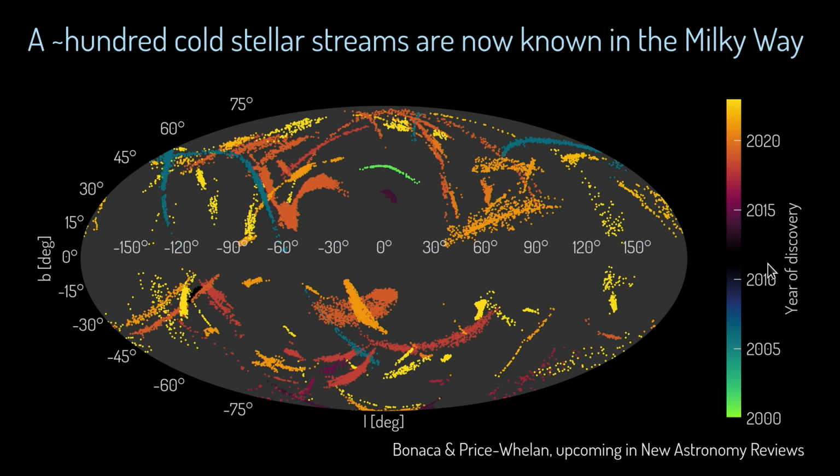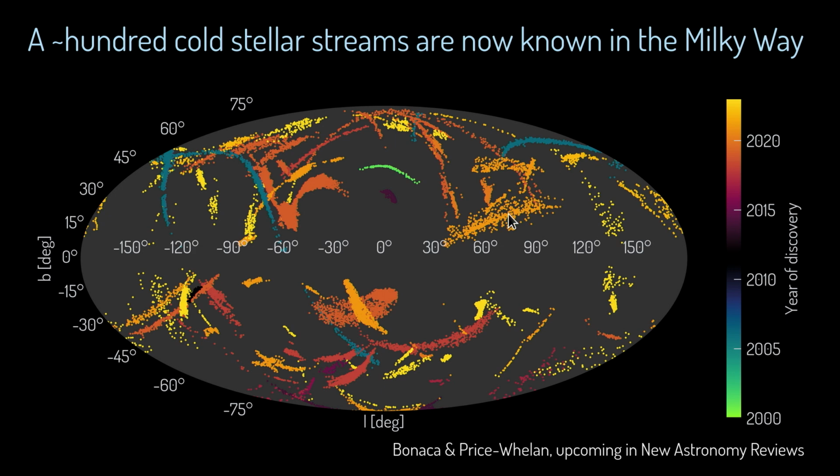The color coding here is by the year of discovery. And so you can see there are a few in this kind of green-blue region. Like this is globular cluster Palomar 5 and its tidal tails. This long stream over here is called GD-1, another one of the very early discoveries in the Milky Way halo.